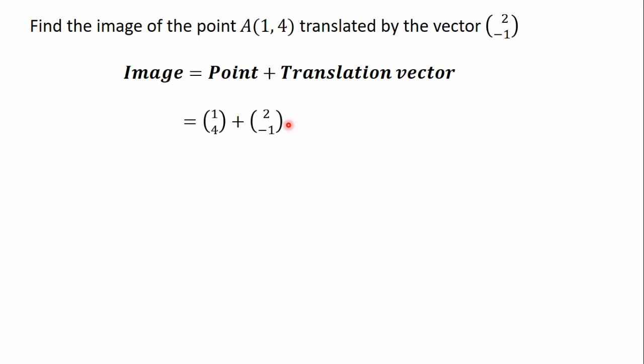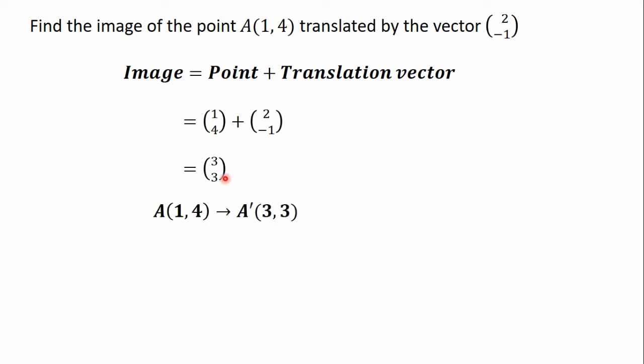We know how to add vectors. The x component will be added to the x component and the y component will be added to the y component. So you have 1 plus 2, which is 3, and 4 plus minus 1, which is 4 minus 1, and that is 3. So the image is 3, 3.